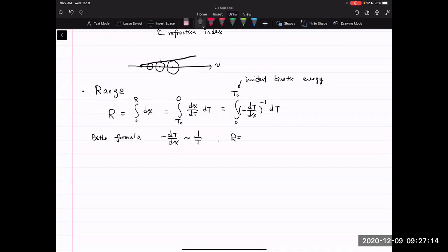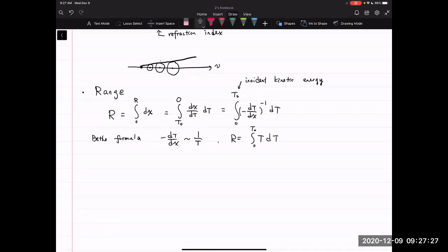So R will be the integral from 0 to T naught of 1 over this quantity. So it's T dT. It's proportional to this. So R is proportional to this, and this is T squared.